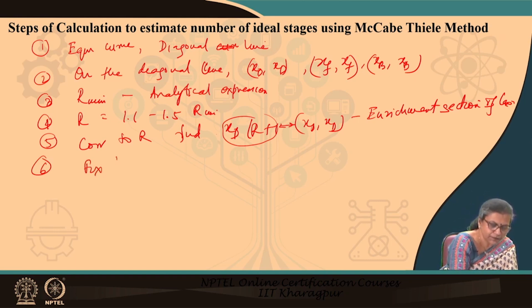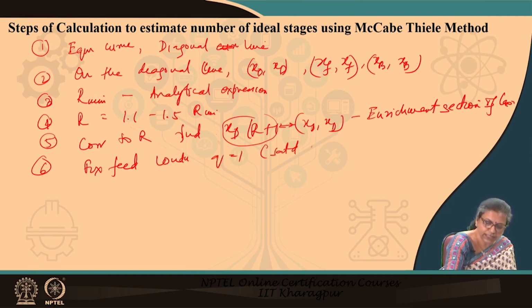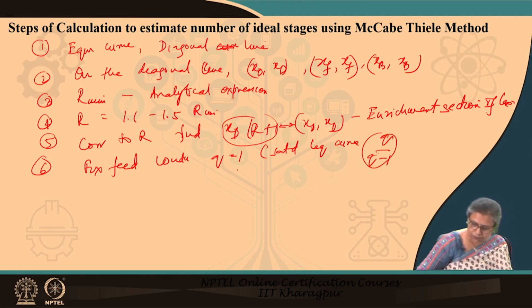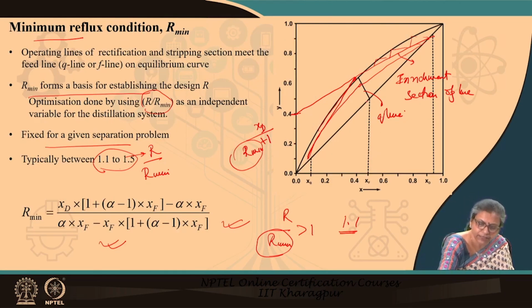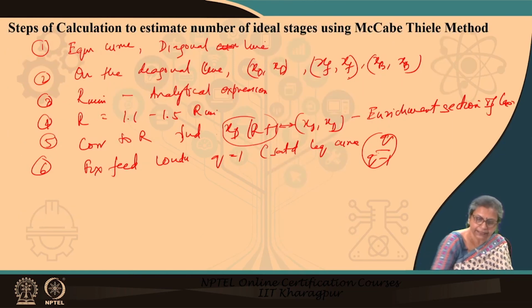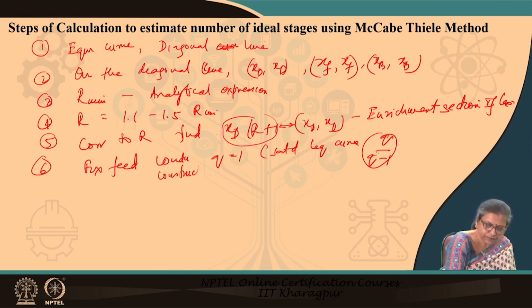To start with, I have said q equals 1, we assume the saturated liquid curve, and then we find q by q minus 1, and then from this x_F, with the slope of q by q minus 1, we construct the q line.